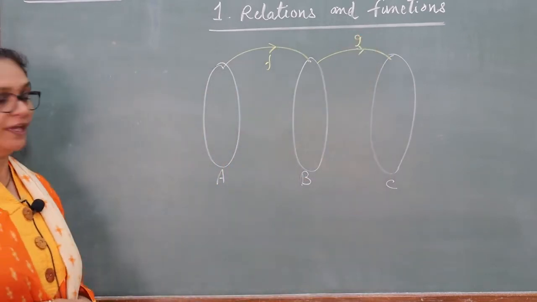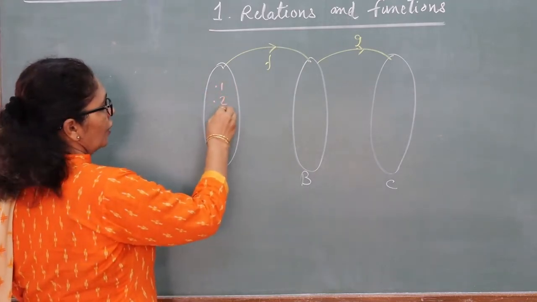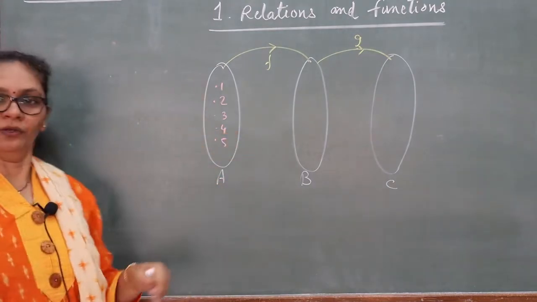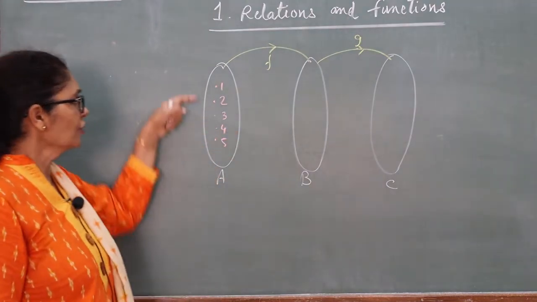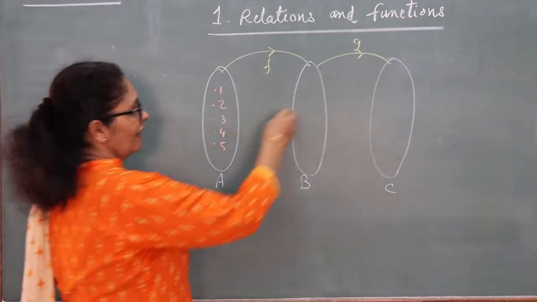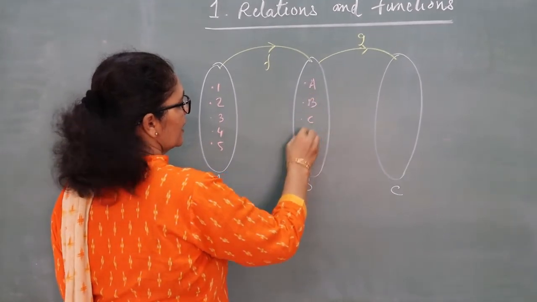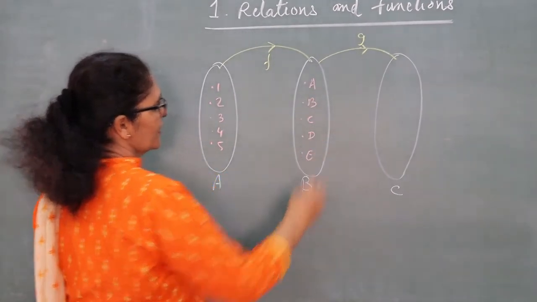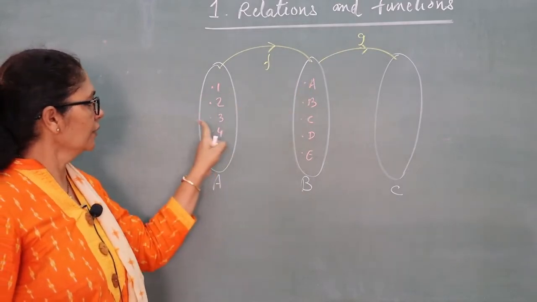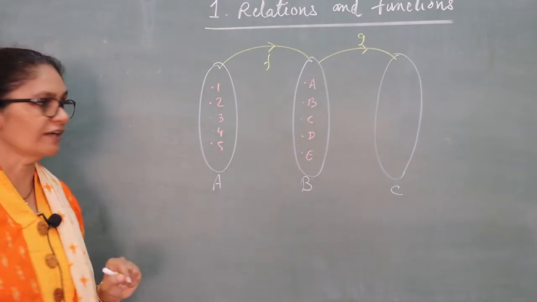Now which example have we considered? Suppose these are roll numbers. I have taken the first 5 roll numbers of our class: roll numbers 1, 2, 3, 4 and 5. Now I have taken their names, A, B, C, D and E. With 1 I have taken A, with 2 B, with 3 C, D and E, that way.